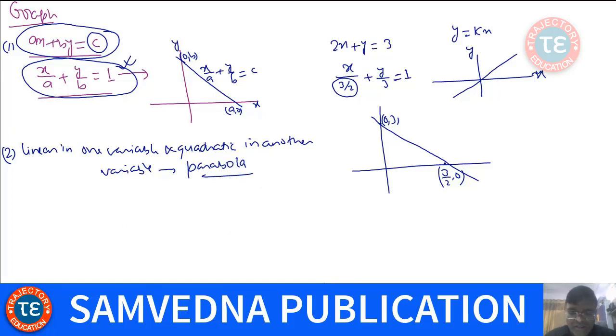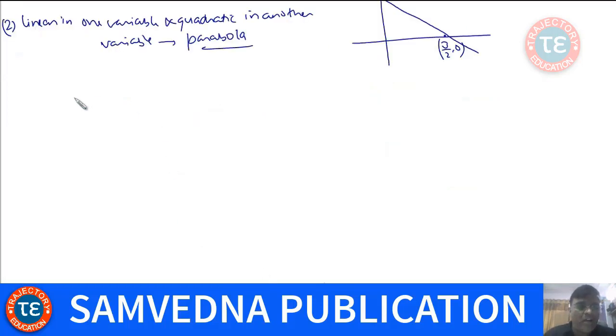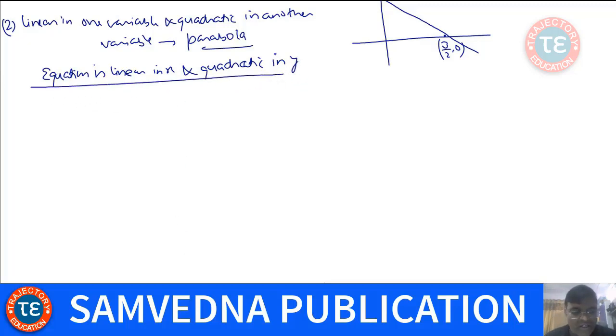So if your equation is linear in x and quadratic in y, then you try to reduce that equation into this form.